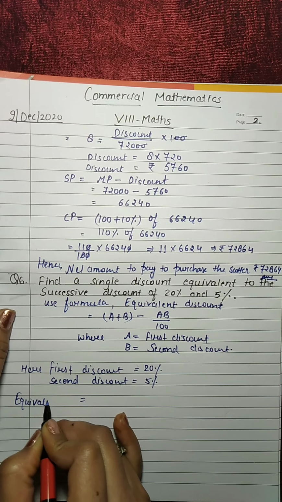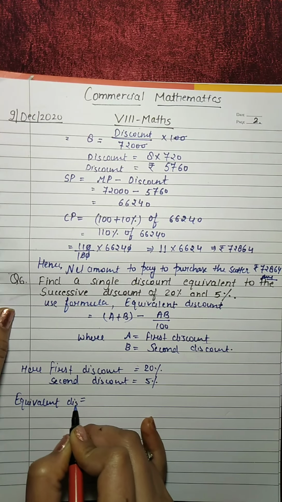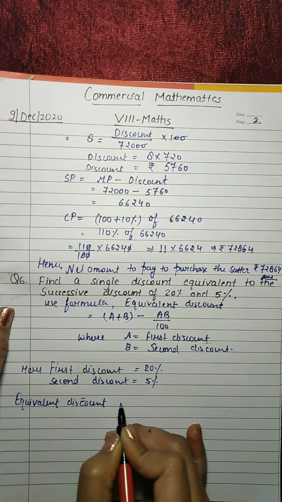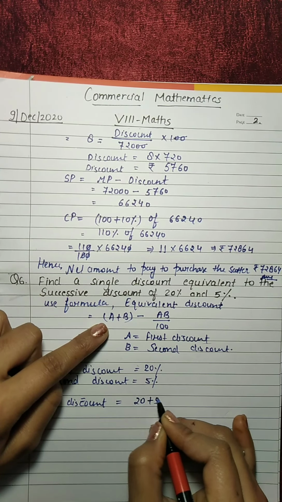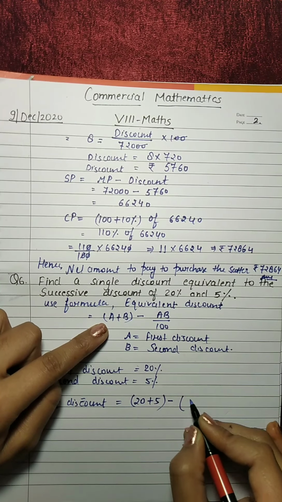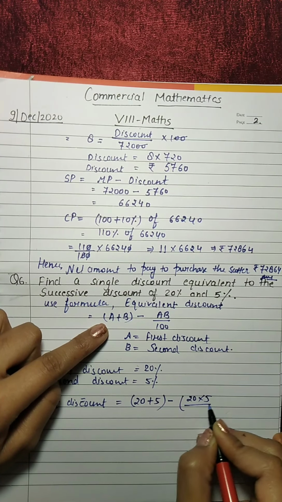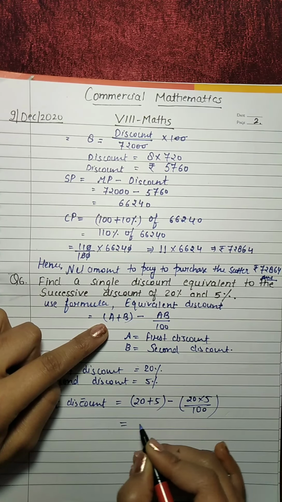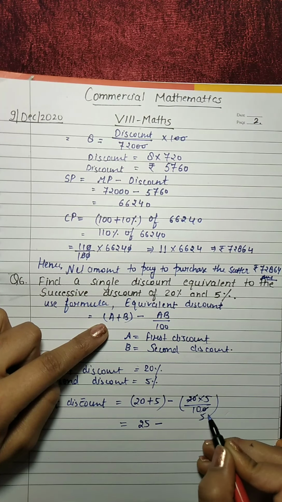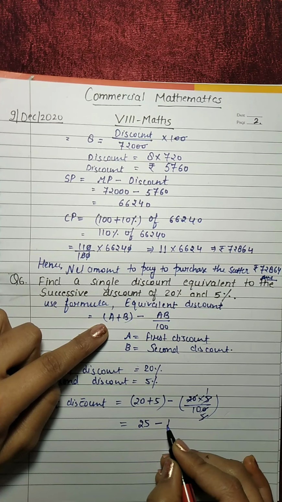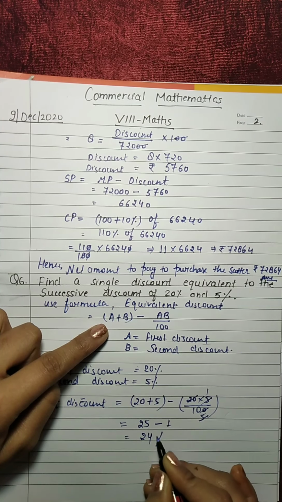So equivalent discount, that will be A plus B, that means 20 plus 5 minus 20 into 5 upon 100. Is that clear? So that is 25, and students minus 25 is a 100 and 5 ones are 5. So students 25 minus 1, that is 24%.